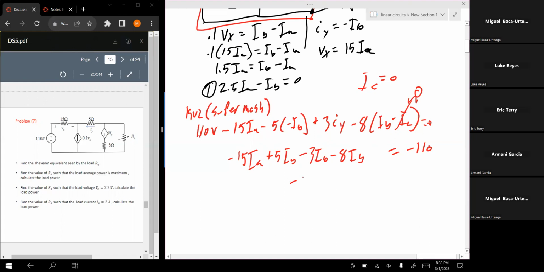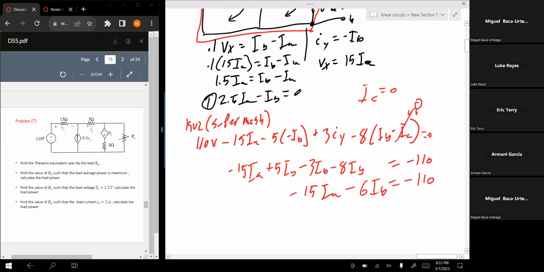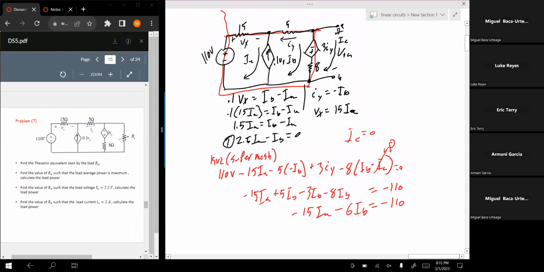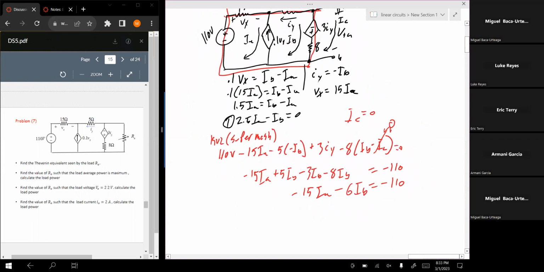So that's going to be negative 15 IA, 5, negative 11, minus, am I right? Yeah, 6 IB. So this is what I'm getting there. Now with this, I'm thinking we could start finding currents.